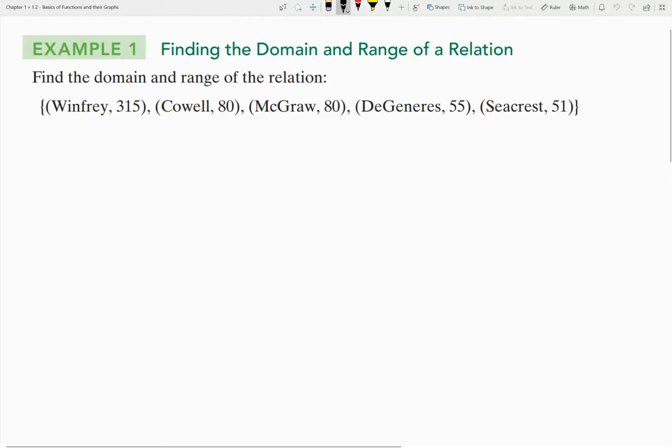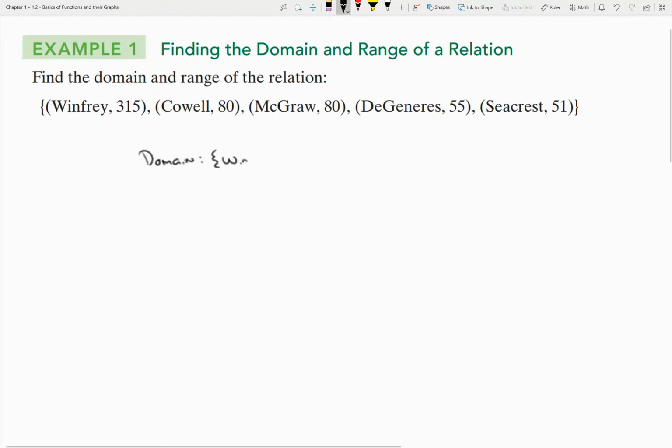So if we have our relation here from the picture in the front, if we want to find the domain and range, the domain is all of the first components, okay?